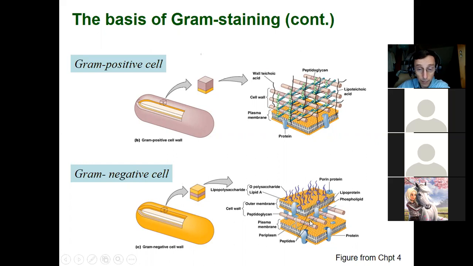The important part is on the gram-negative cells, they have a thin peptidoglycan layer. And the artist is only showing you 1 layer of peptidoglycan. And that's not correct. There's more than one layer of peptidoglycan, but the layers are much less than in the gram-positive cells. Okay?